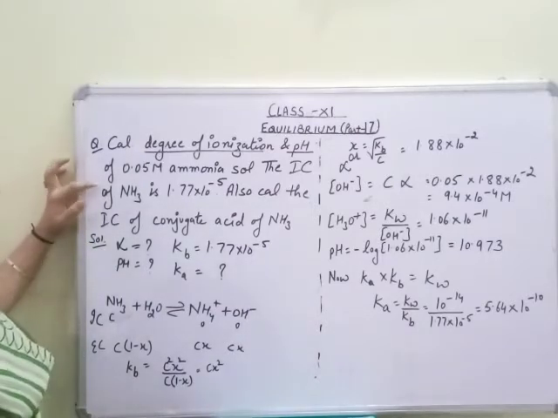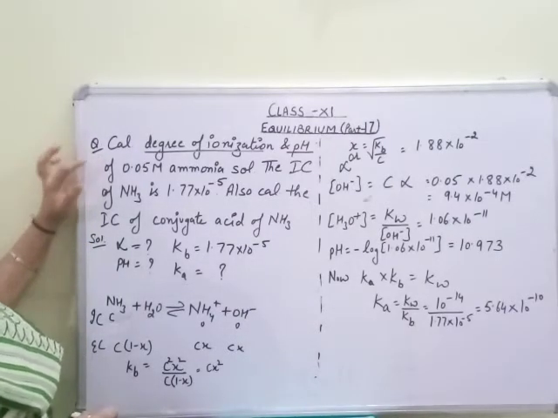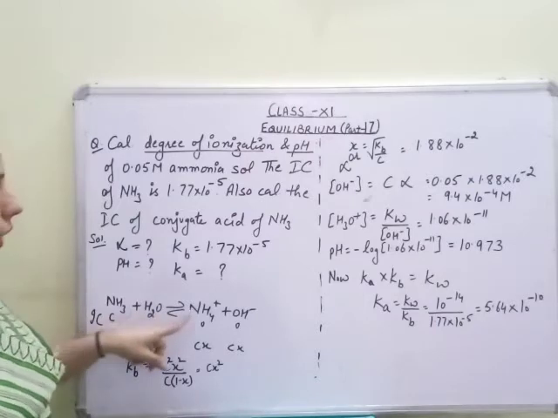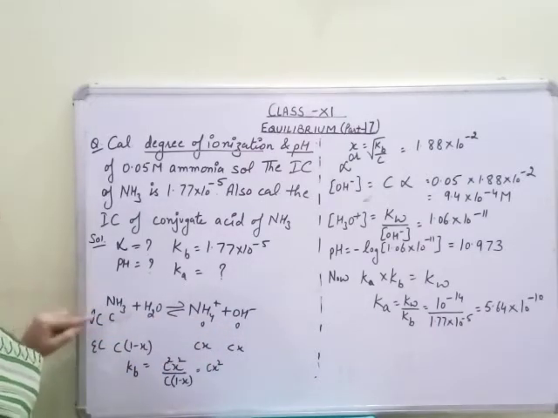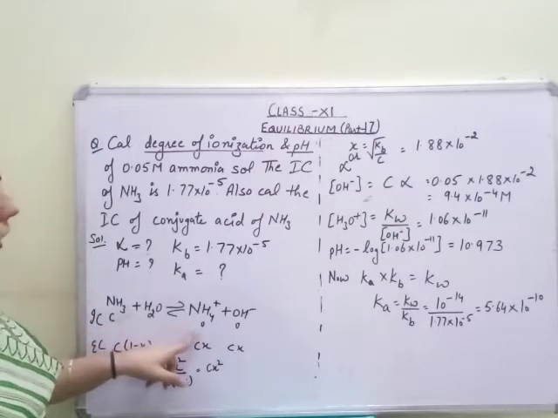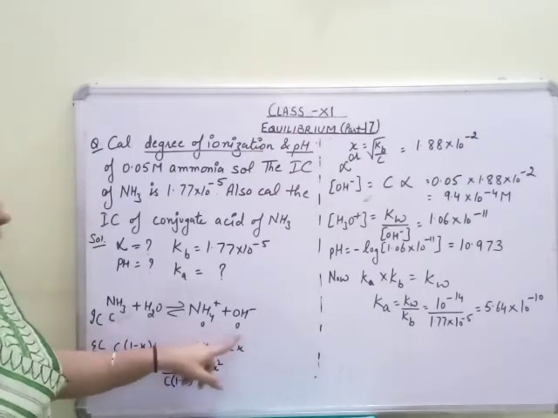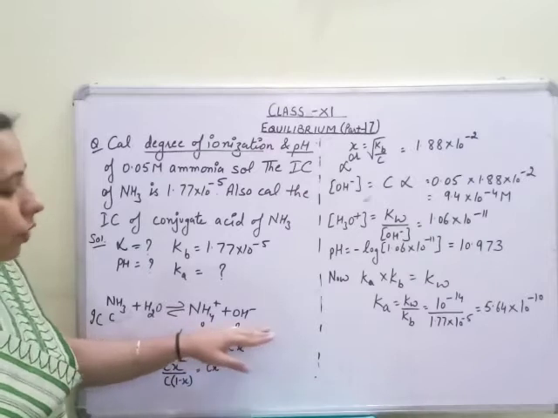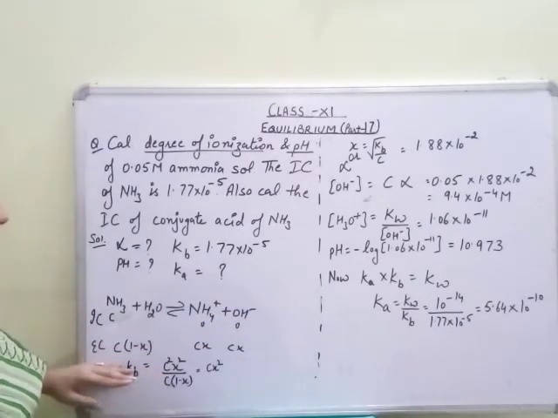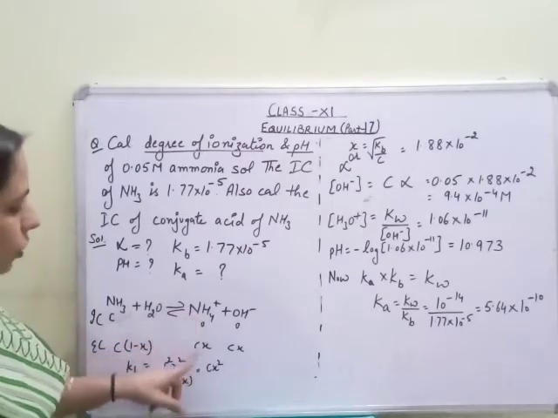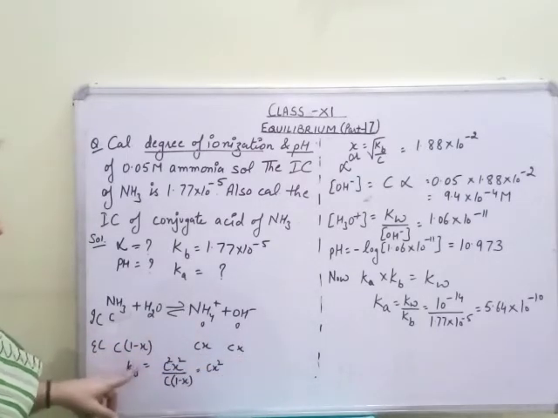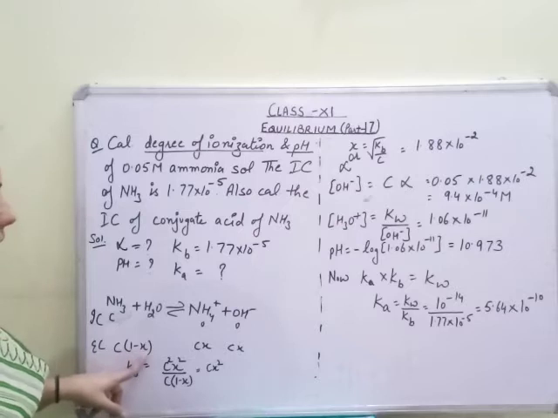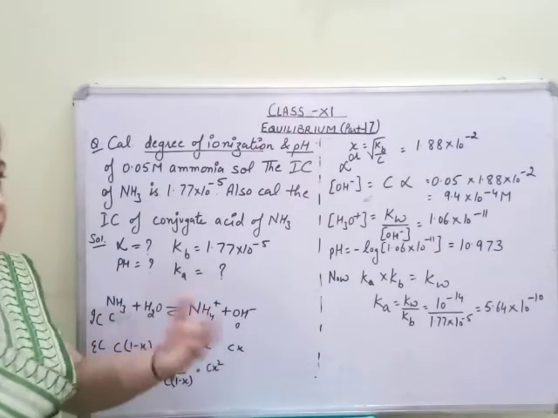Now ammonia, we have to find the degree of ionization of 0.05 molar ammonia solution. इसका मतलब अमोनिया सॉल्यूशन की आयनाइजेशन हो रही है. अगर आयनाइजेशन हो रही है तो initial concentration of ammonia is C and initial concentrations of ammonium and hydroxide ions initially they are 0, क्योंकि स्टार्टिंग में सिर्फ अमोनिया की कंसंट्रेशन होगी. अमोनियम आयन और हाइड्रोक्साइड आयंस की कंसंट्रेशन will be considered 0. At equilibrium, अब आयनाइजेशन कितनी हो गई, x here, so we can write it x for this और यहाँ कितनी रह गई 1 minus x, because x number of molecules they have dissociated.